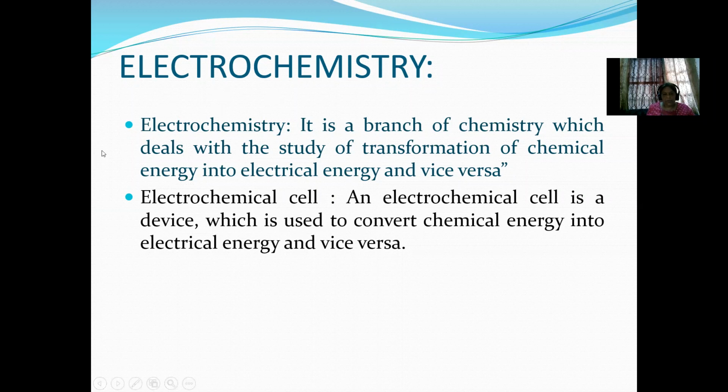electrochemistry, we must look at the definition of electrochemistry, which is a branch of chemistry dealing with the study of transformation of chemical energy into electrical energy and vice versa.